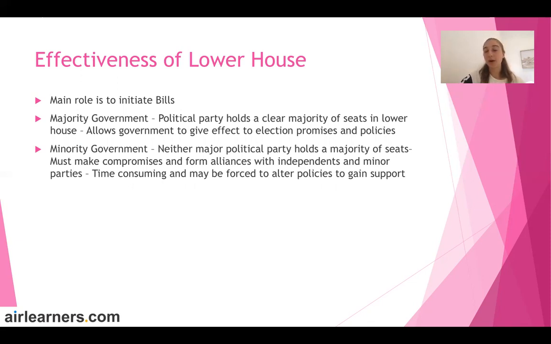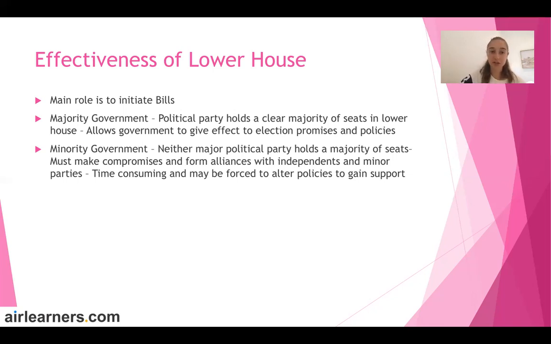This is where one political party holds a clear majority of seats in the lower house. This enhances the effectiveness of the lower house because the lower house can introduce bills which give effect to that political party's election promises and governmental policies. And so it enhances their ability to initiate laws.